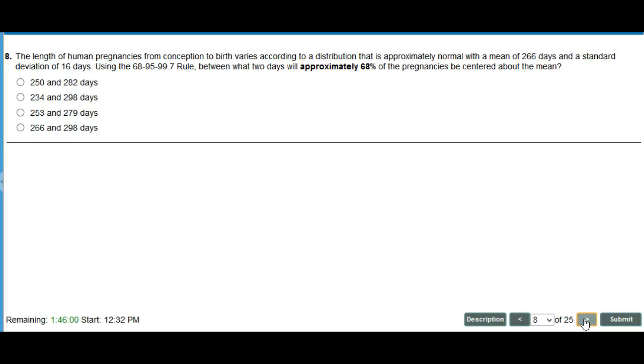Using the 68, 95, 99.7 rule, between what two days will approximately 68% of the pregnancies be centered around the mean? 250 and 282 days, 234 and 298 days, 253 and 279 days, 266 and 298 days.